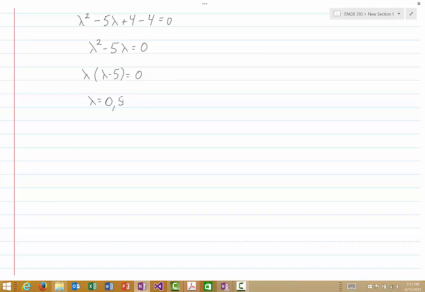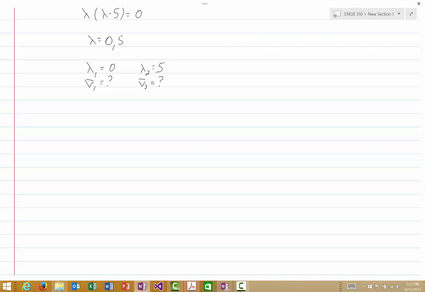What some people will do is they'll number the eigenvalues, maybe call lambda 1 the 0 eigenvalue, and lambda 2 is equal to 5. And now we want to find V1 and V2, where V1 is the eigenvector associated with lambda 1 and V2 is the eigenvector associated with lambda 2. So let's see how this would go.